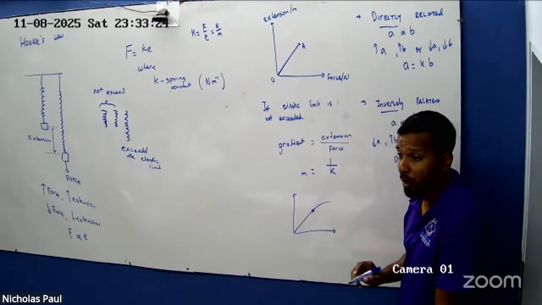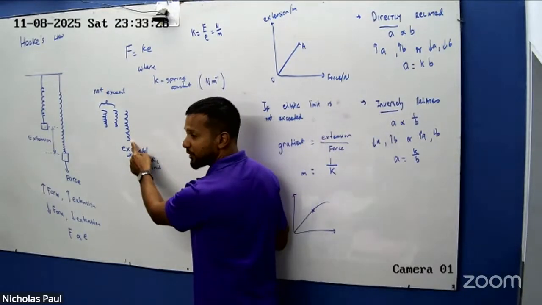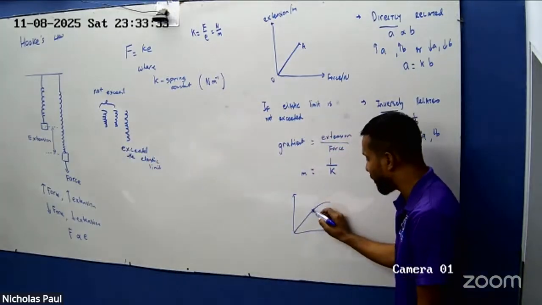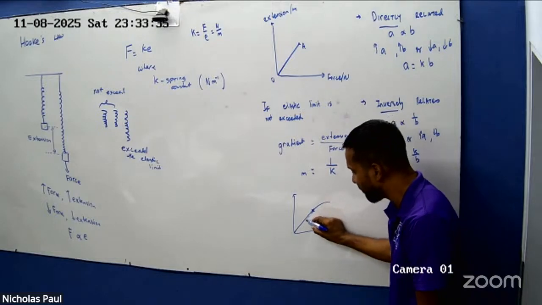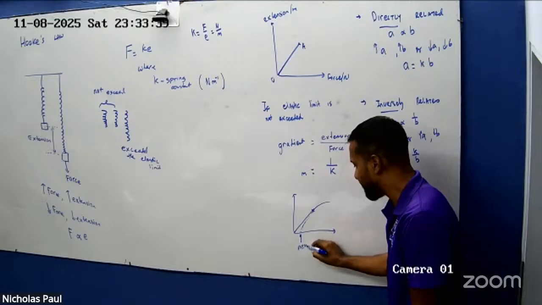And here's the problem. When you go beyond A, remember it becomes permanently stretched. So will it go back to the original? No. So the graph doesn't go back to the original. It starts at a new point here.